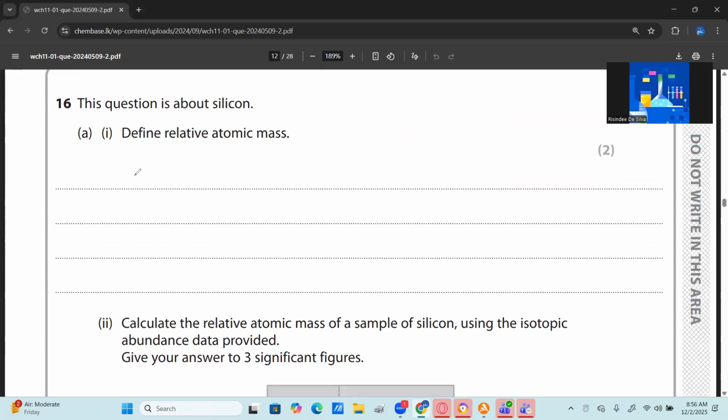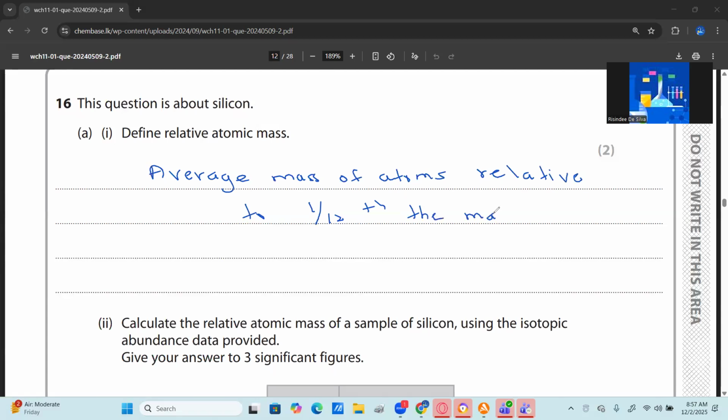Then you need to define the relative atomic mass. You can write it is the average mass of atoms, 1 mark. Average mass of atoms relative to 1/12 the mass of 1 atom of carbon isotope.